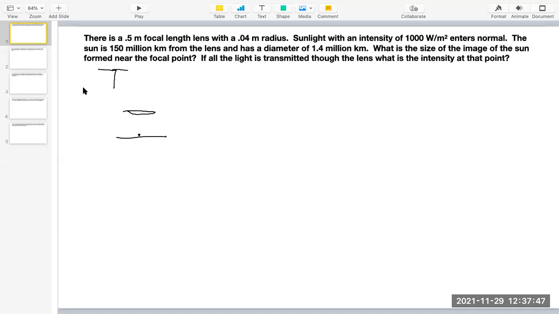So there's a lens, and it's got its focal length, and then very, very far there is a sun.